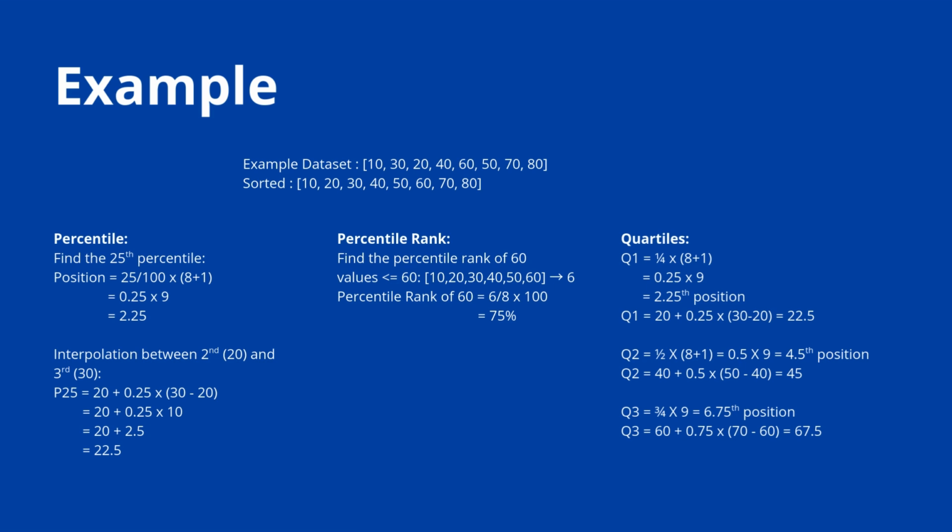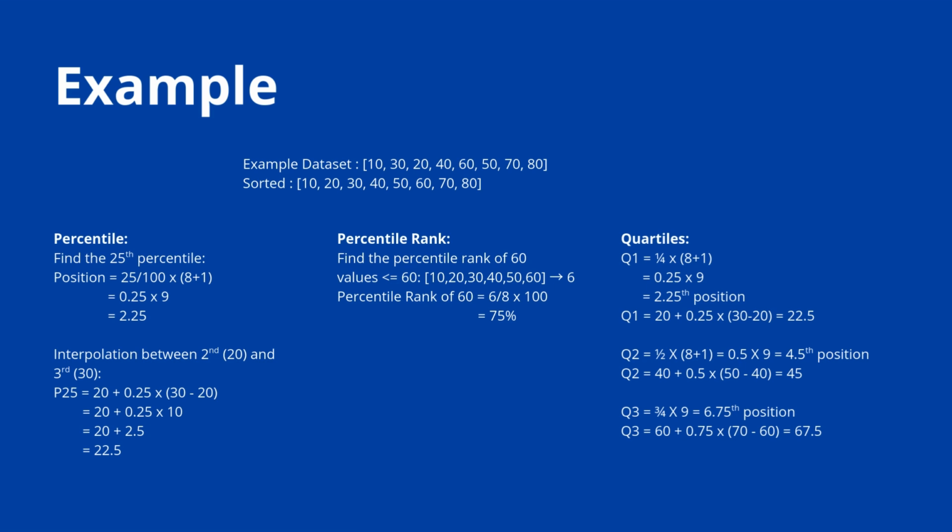So the lower value is 20 plus d, the decimal part, which is 0.25, times (upper value 30 minus 20). After calculating all this, we get 22.5 as the 25th percentile.